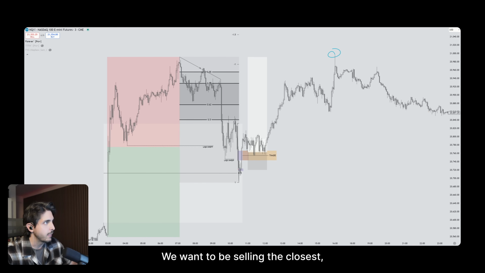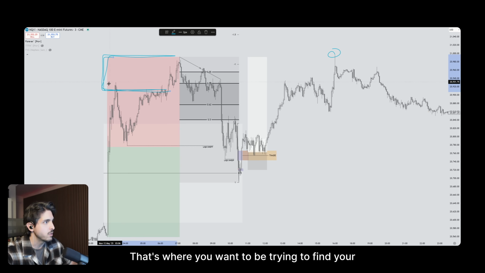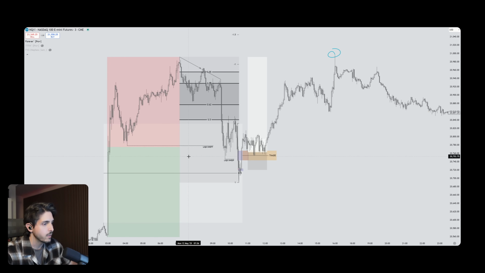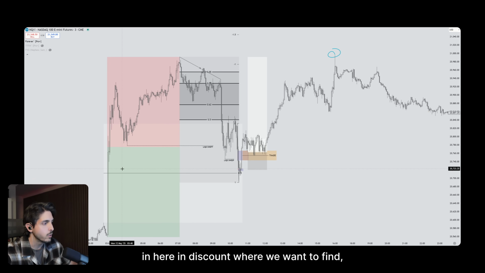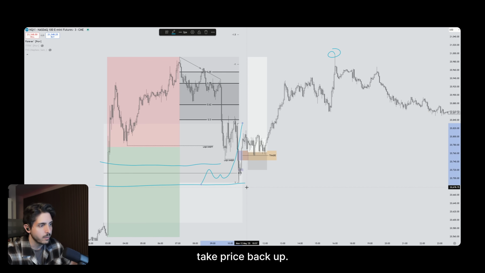We want to be selling anywhere in this range between here and here. That's where you want to be trying to find your shorts, in here in discount, where we want to find a good PD array that is going to take price back up.